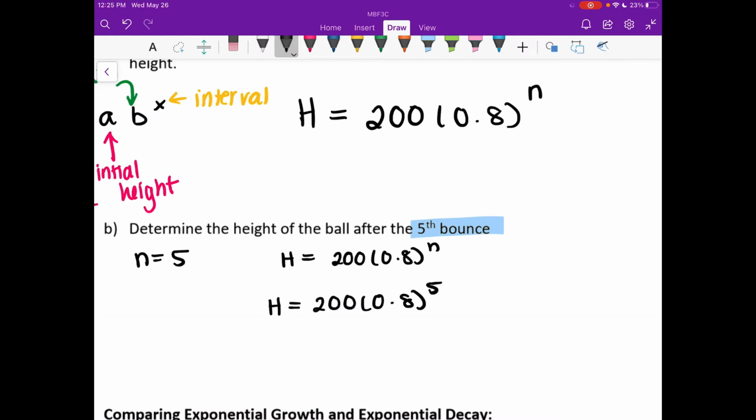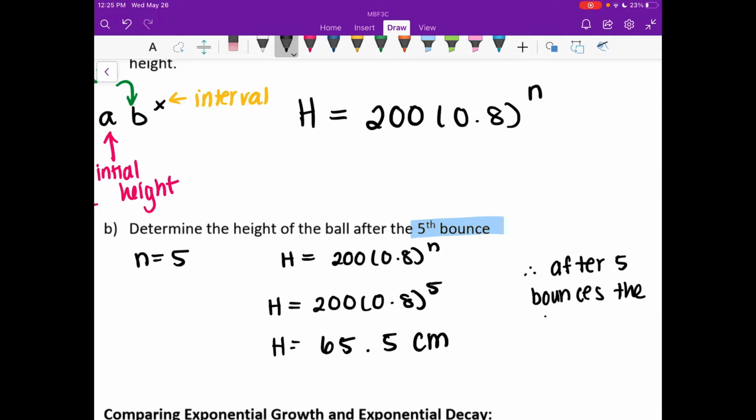So I'll just write it as 65.5 centimeters. So therefore, and always write a therefore statement with word problems, after 5 bounces, the height is 65.5 centimeters.